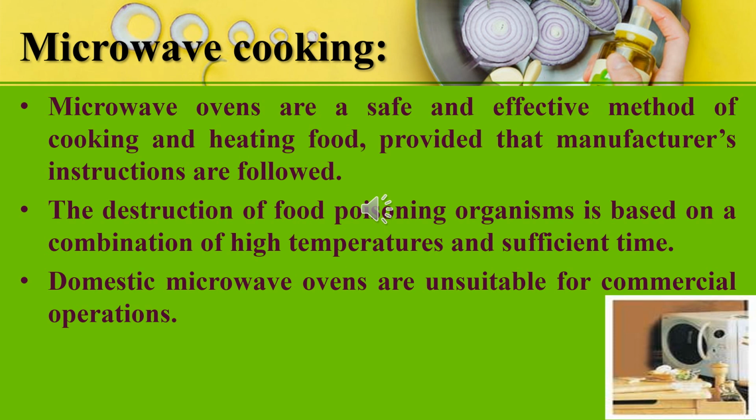Microwave ovens are a safe and effective method of cooking and heating food, provided that manufacturer's instructions are followed. The destruction of food poisoning organisms is based on a combination of high temperatures and sufficient time. Domestic microwave ovens are unsuitable for commercial operations.